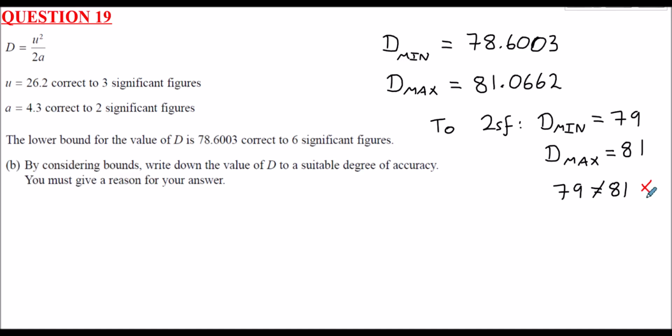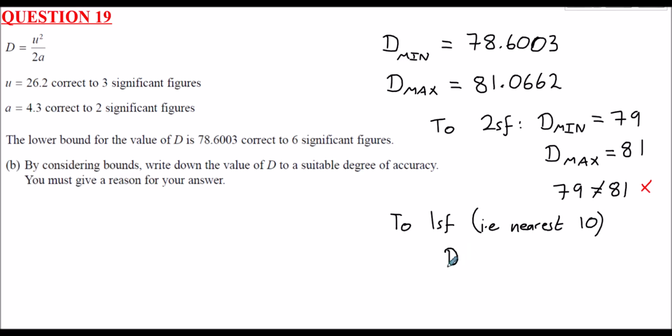So we can't round it to 2 significant figures because the lower and upper bounds would not agree. We couldn't say that D is 79, because actually if D was on the higher side, D might be 80 or 81 to the nearest whole number. However, if we did it to just 1 significant figure, in other words, the nearest 10, because the first significant figure here is in the tens column.